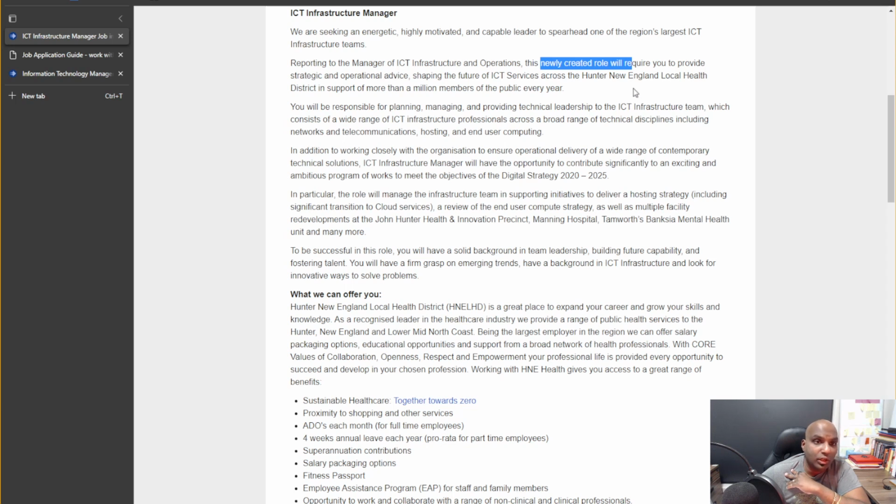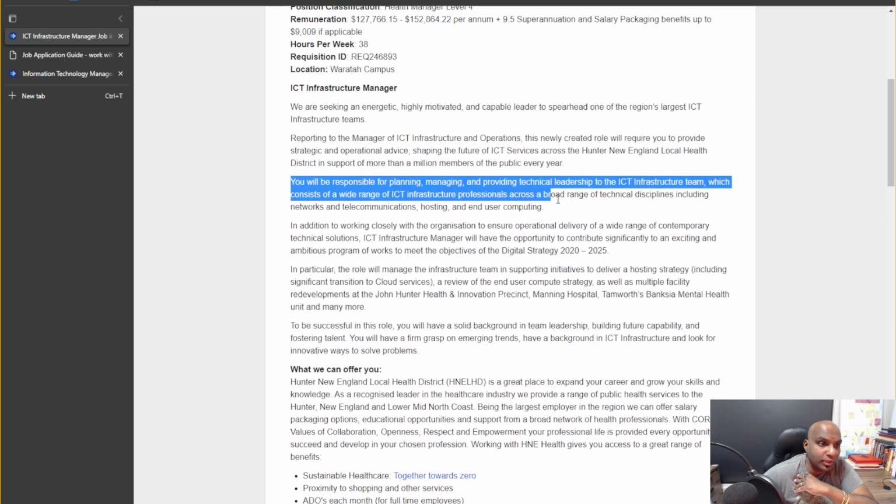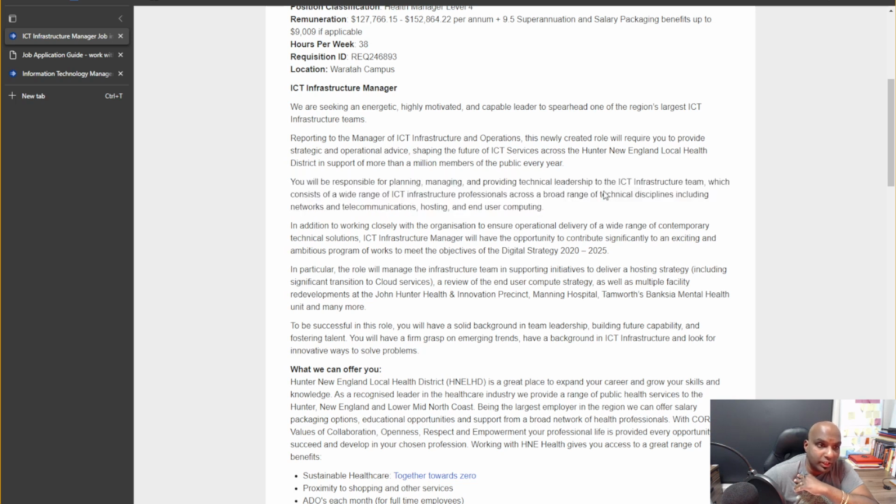So you know that they're growing and that they're looking to expand the scope of the teams in there. And then you look at your responsibilities. So that's what I'll be looking at. Responsible planning, managing, providing technical leadership to the ICT infrastructure team, which consists of technical disciplines including networks, telecommunication, hosting, and user computing.